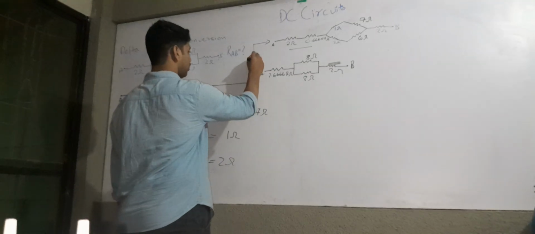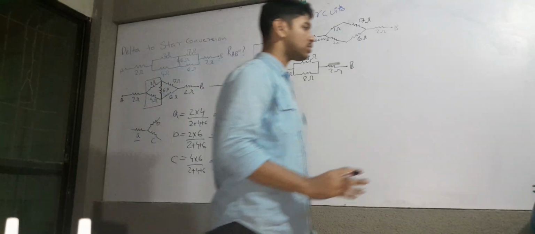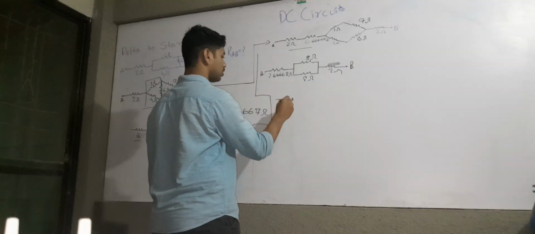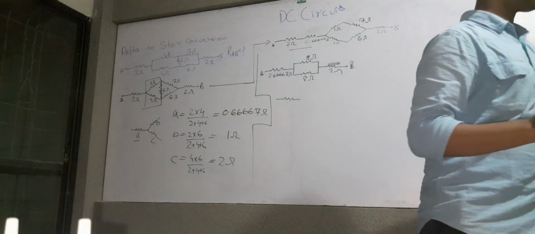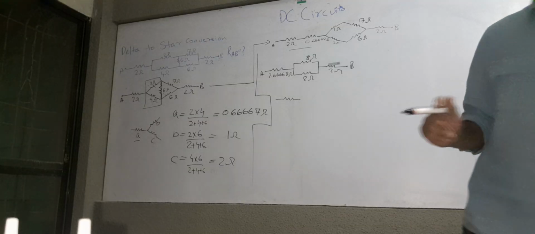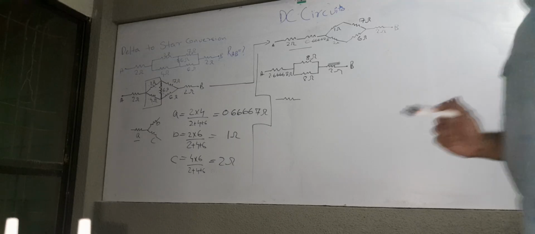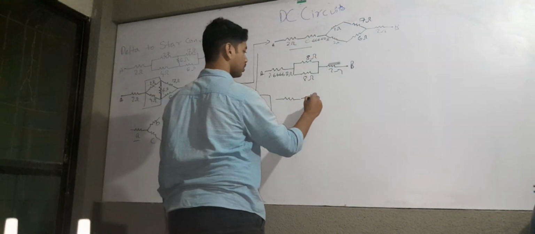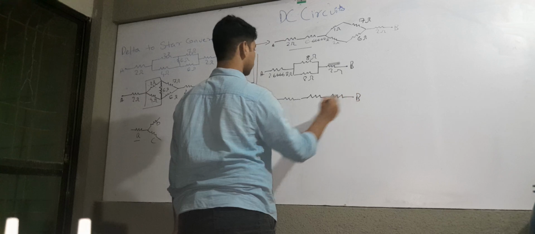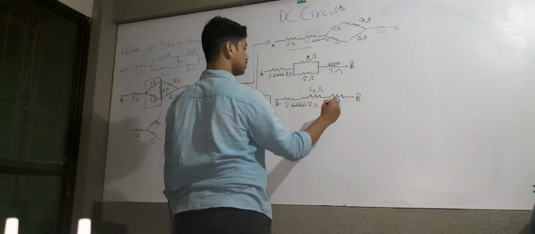Since we know that if two same resistances are in parallel, then we just divide by 2, which would be 2.66667 ohms, 4 ohms, and here 2 ohms.